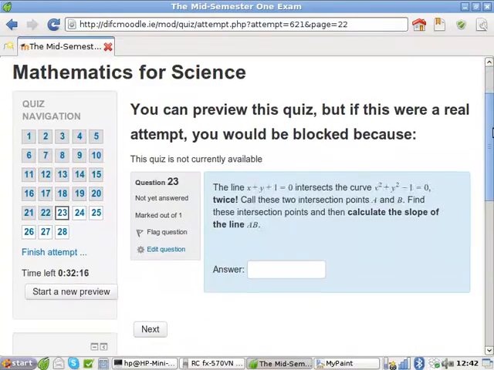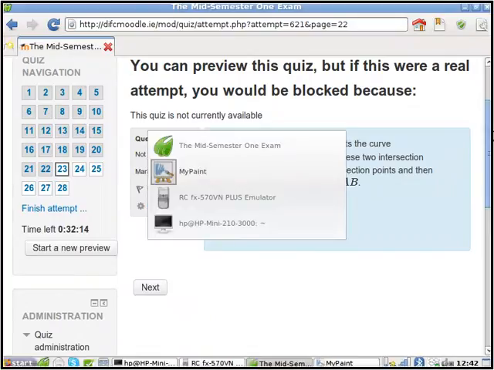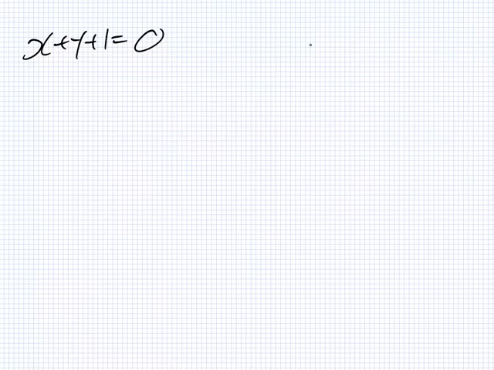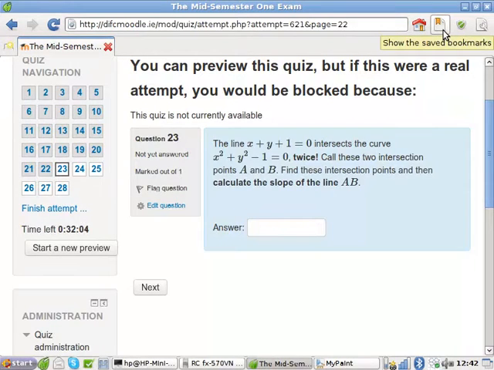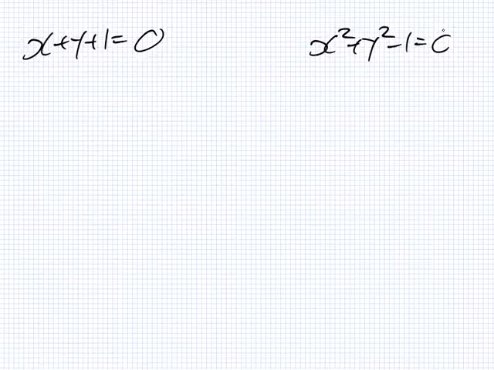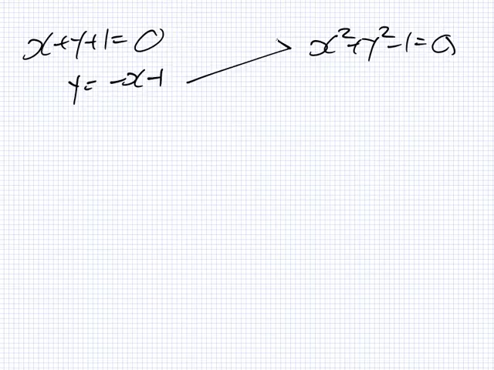The line x plus y plus 1 intersects x squared plus y squared minus 1 equals 0 twice. Find the slope between the 2 points. So here I can say y equals minus x minus 1 and put that in.